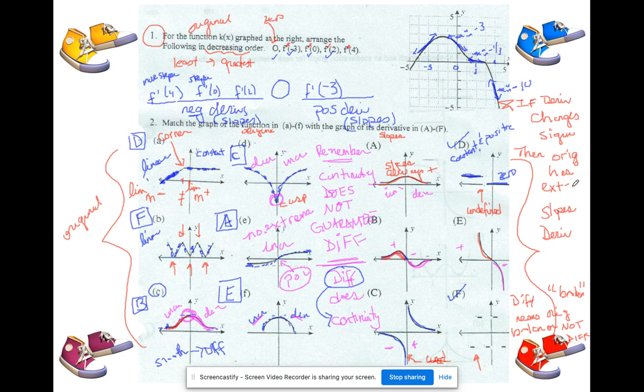I don't know why my pen is reacting so slow. This is super important.